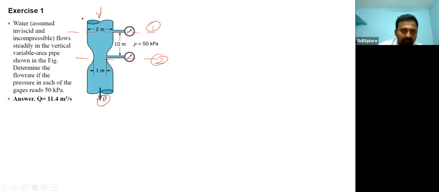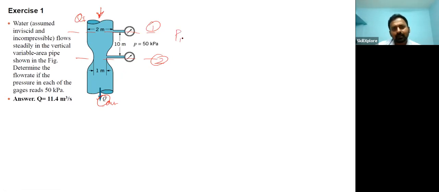This is the Q in and this is Q out. Just follow the arrow mark, that itself means the direction of flow. So this defines the flow is from top to bottom. Therefore the flow entry is always the first section, and flow exit is always the second section. So just apply Bernoulli's equation.